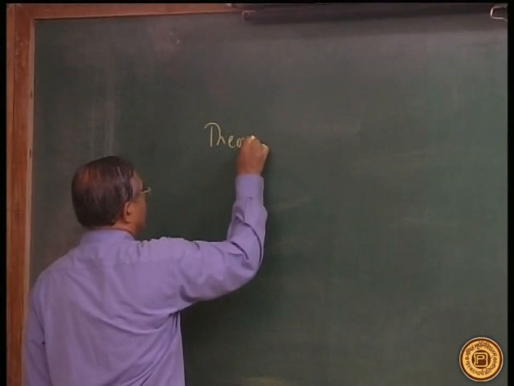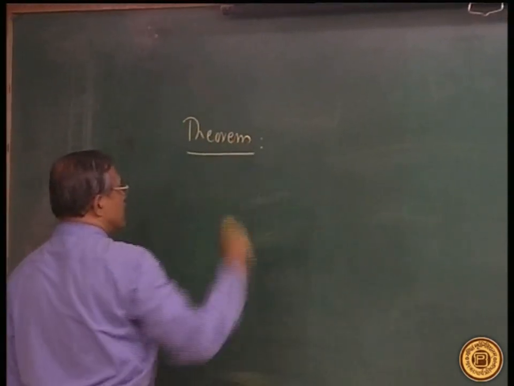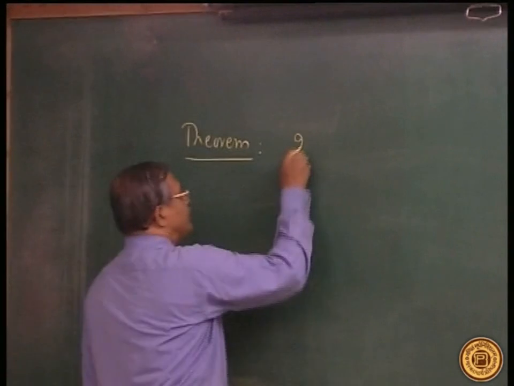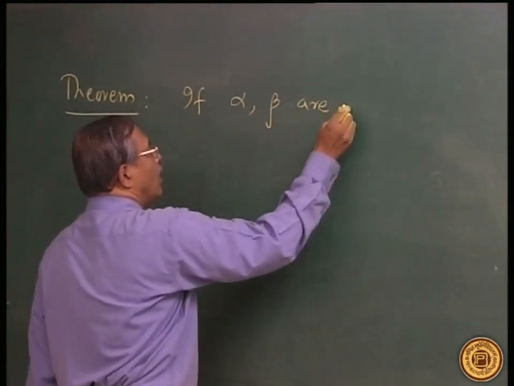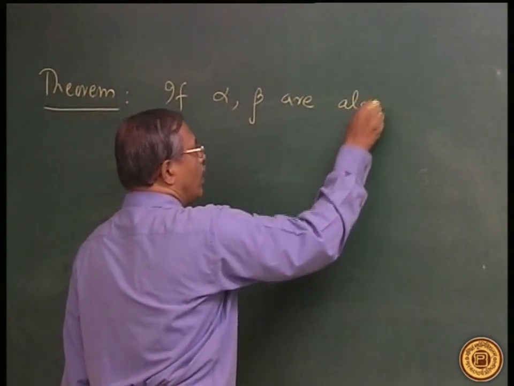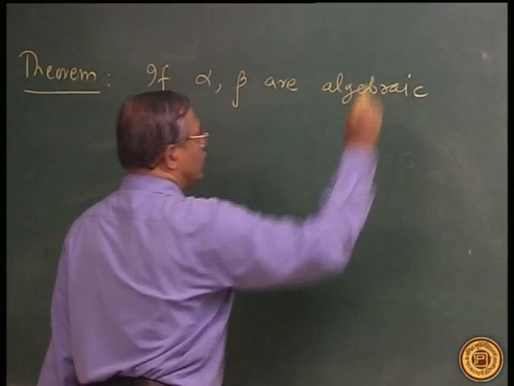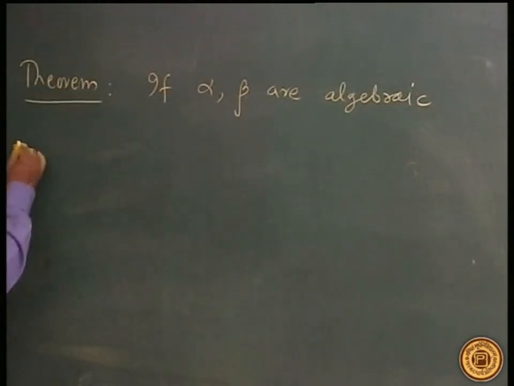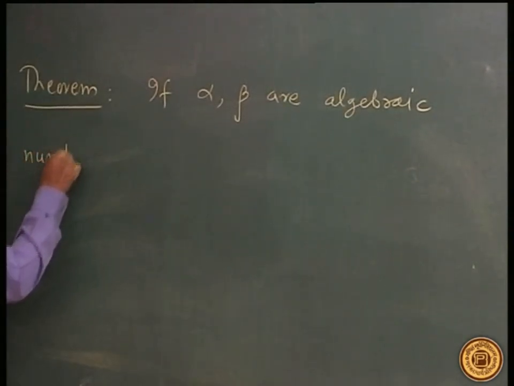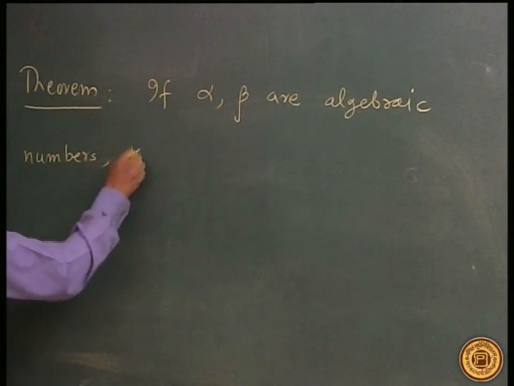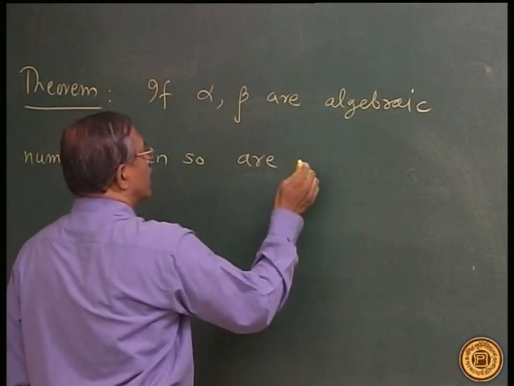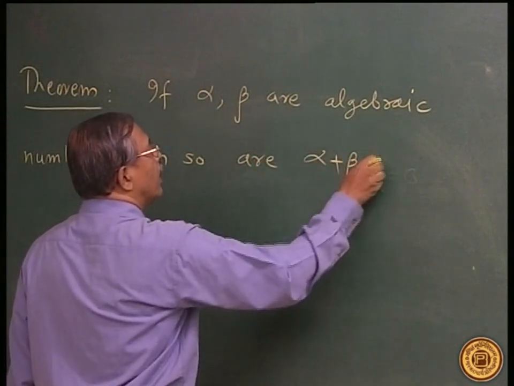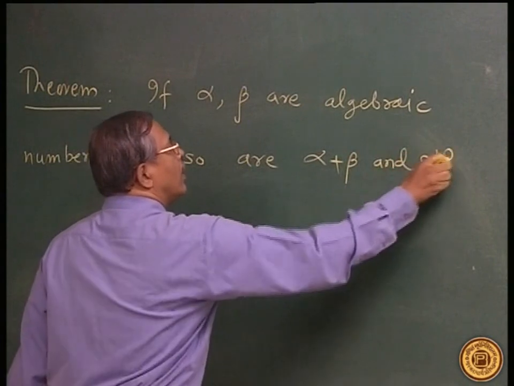So the next theorem says, if alpha, beta are algebraic numbers, then so are alpha plus beta and alpha beta.